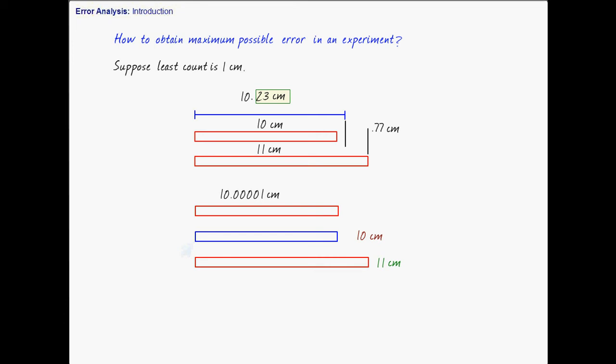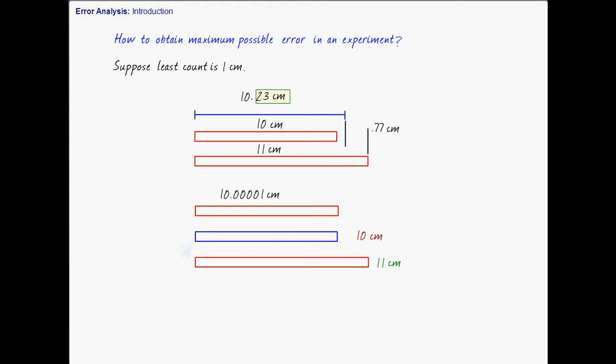Since the scale can give you an answer correct only up to 1 centimeter, it might happen that somebody says the 10 centimeter point is not coinciding with the end of the rod, so I will write 11 centimeter. In that case, the error will be large.